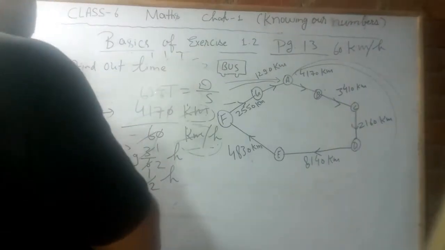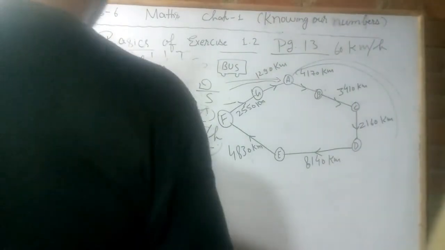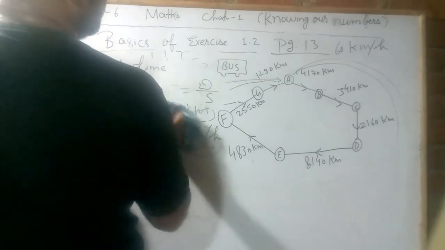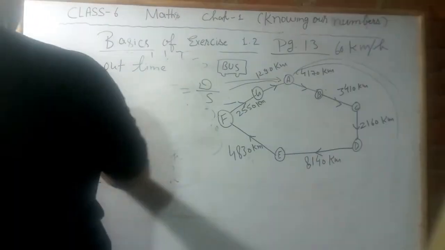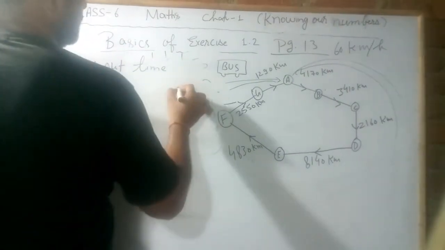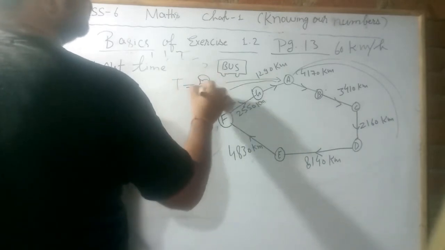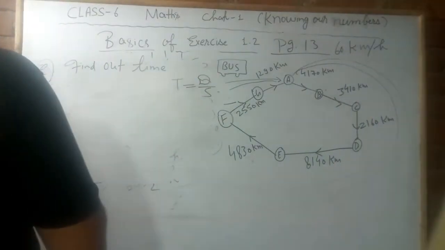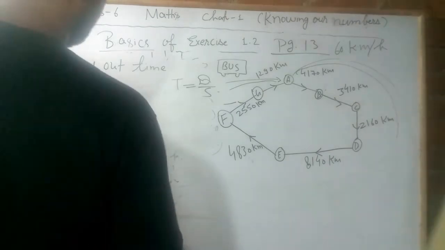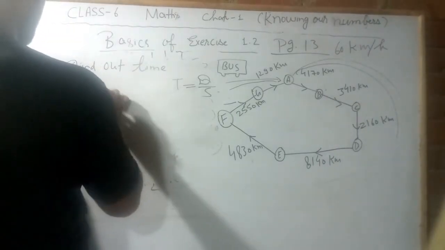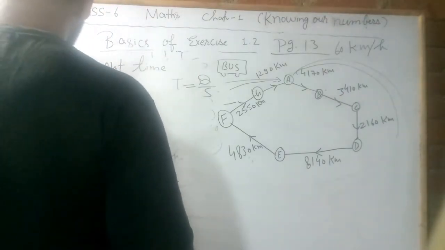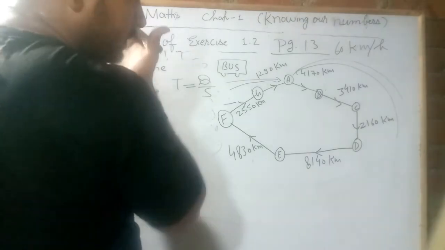Now next, the formula everybody knows. Now C to D. What is the distance C to D? 2160.